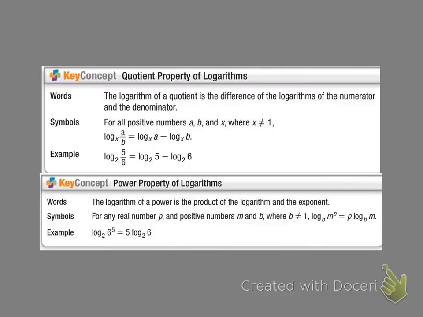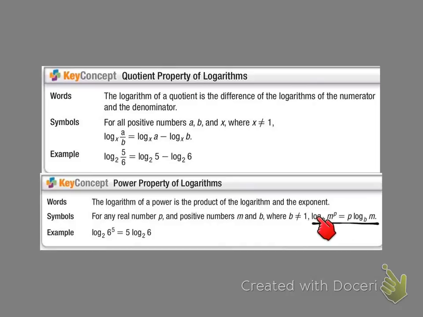Everybody good? Okay, the one that is different is the power property of logarithms. For any real number p, and positive numbers m and b, where b does not equal 1: log base b of m to the p power.